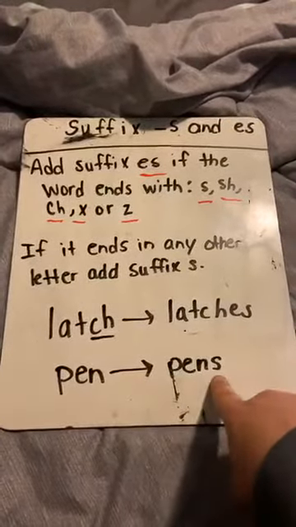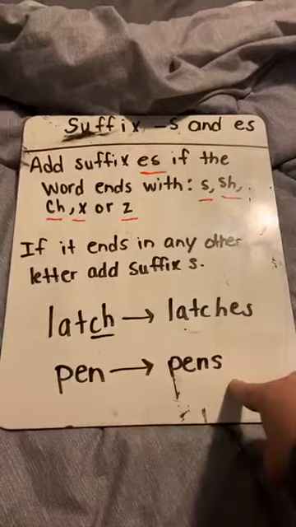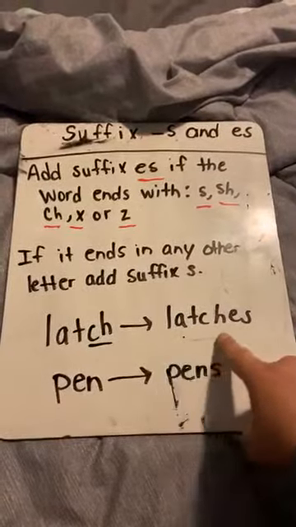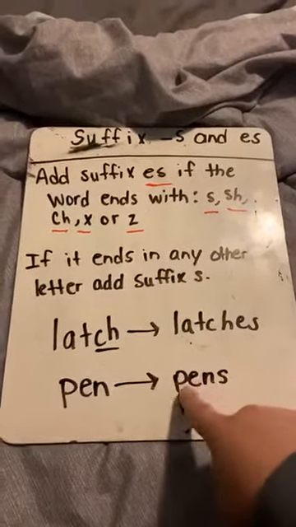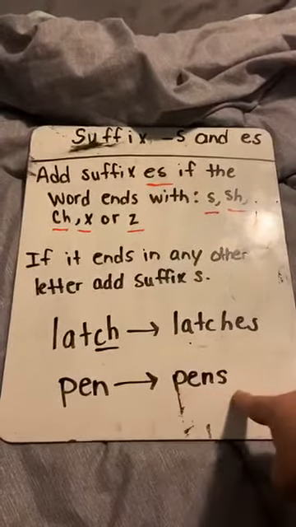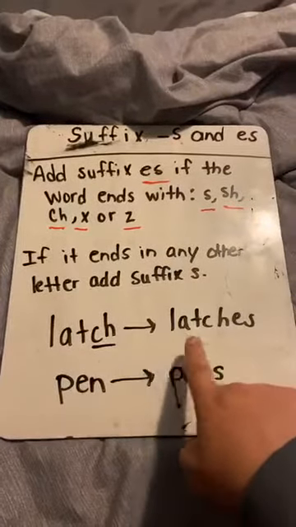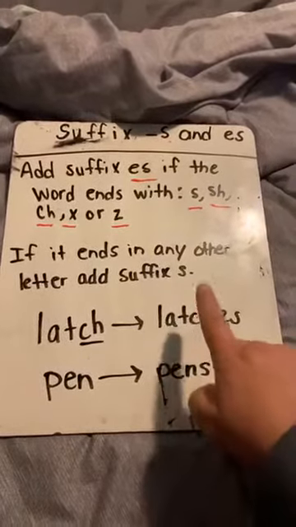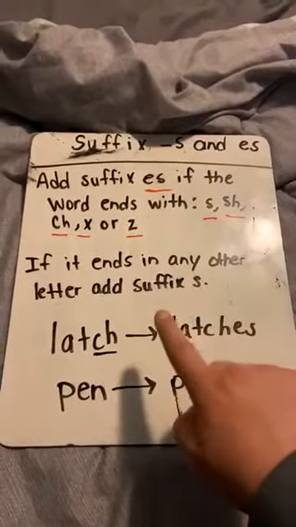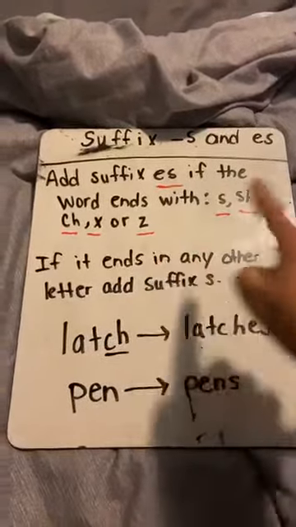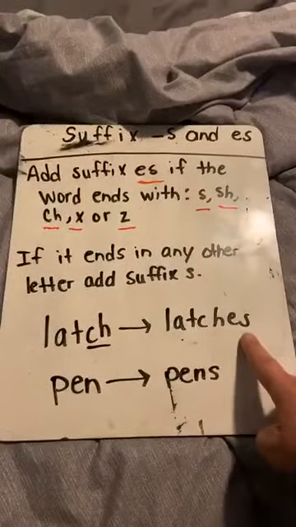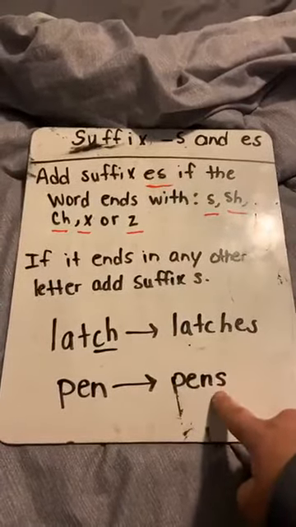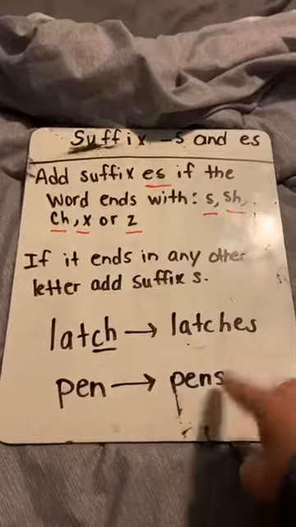All I can add is just the s to make it pens. This one is latches. This one is pens. So if it ends in s, sh, ch, x, or z, you have to add the es. If it ends in any other letter, all you have to do is add the s.